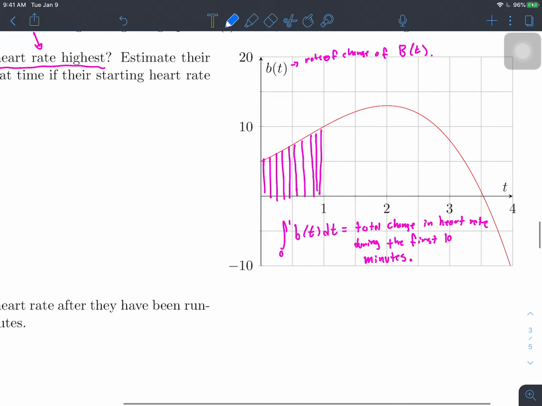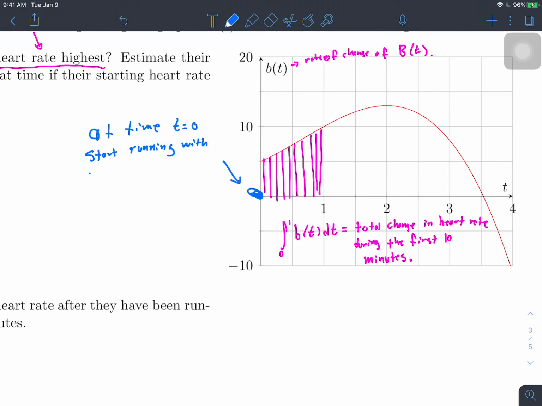At time t equals 0, we start running with an initial heart rate, some number b of 0 equals c, some constant.